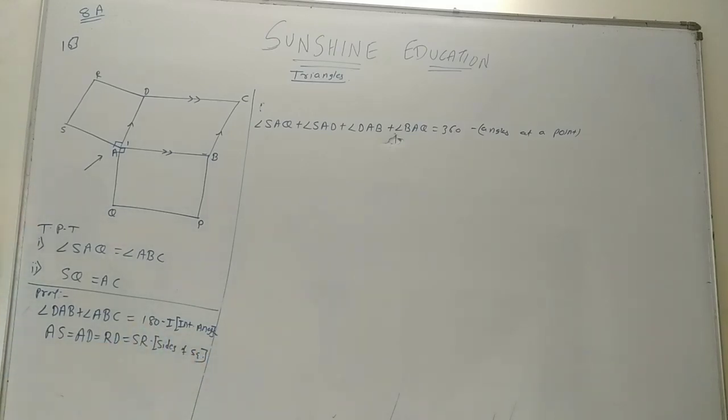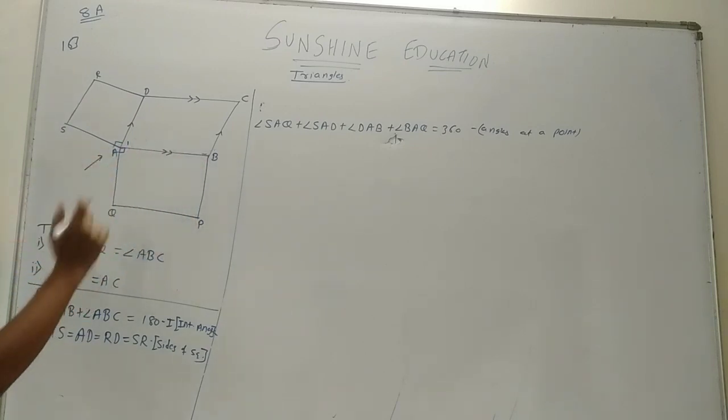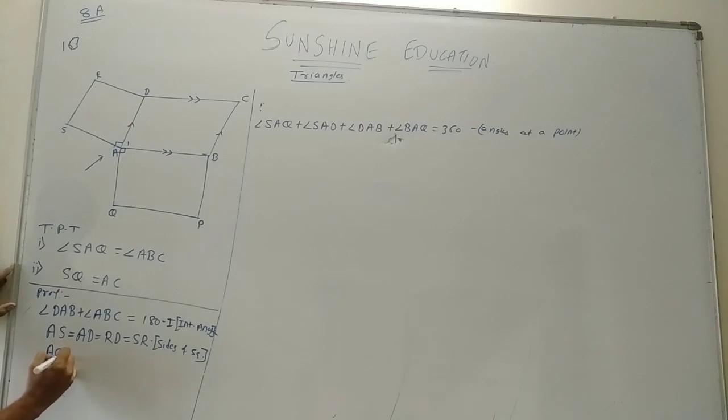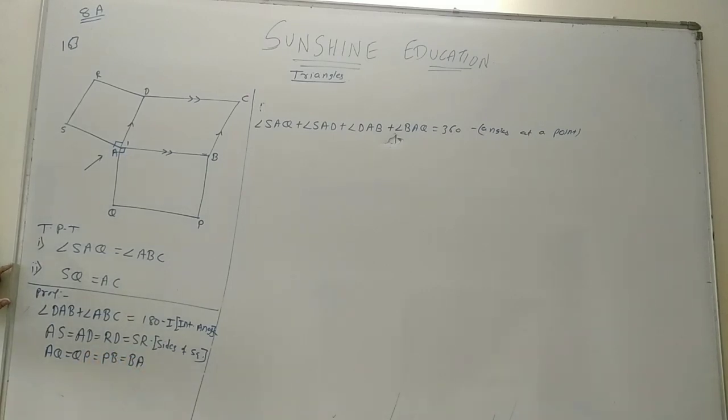Similarly, AQ is equal to QP is equal to PB is equal to BA. These are also sides of a square.